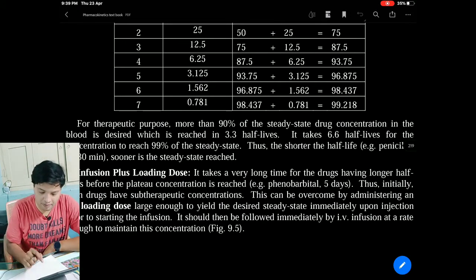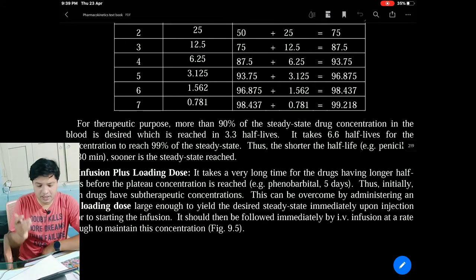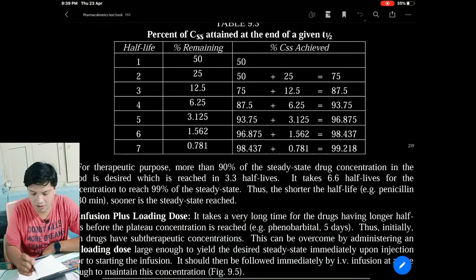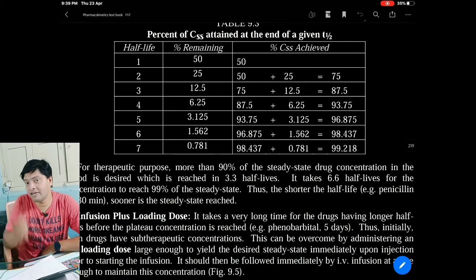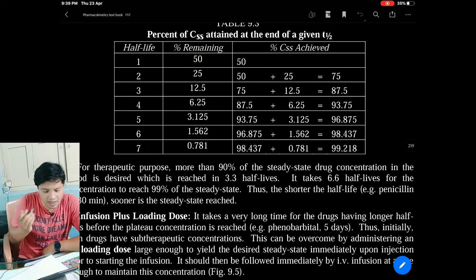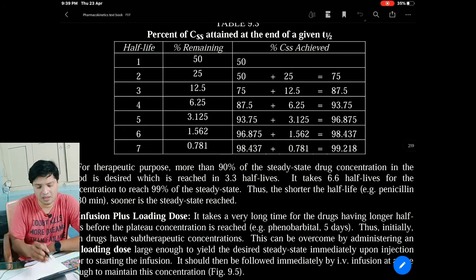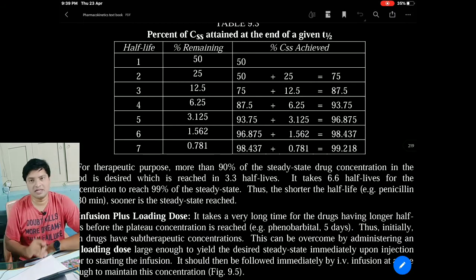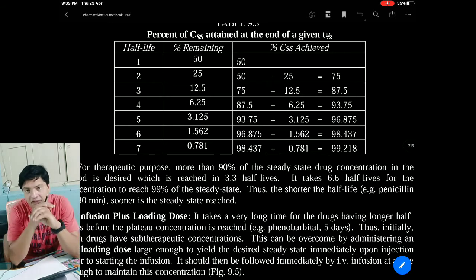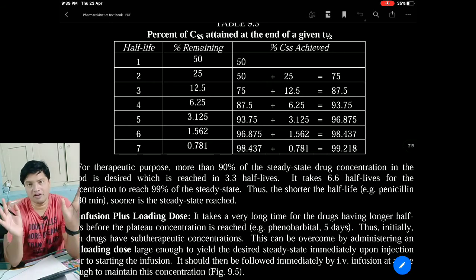To reach that therapeutic activity, see here, at the third half-life it is reaching 87.5% of your plasma steady state concentration. What we need for therapeutic activity is 90%. So between the 3rd and 4th cycle of your half-life, your drug is going to reach steady state concentration, irrespective of any drug and any half-life.